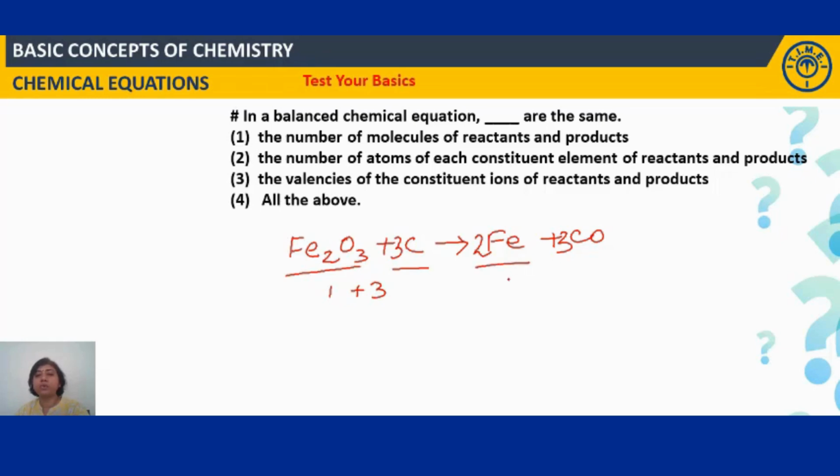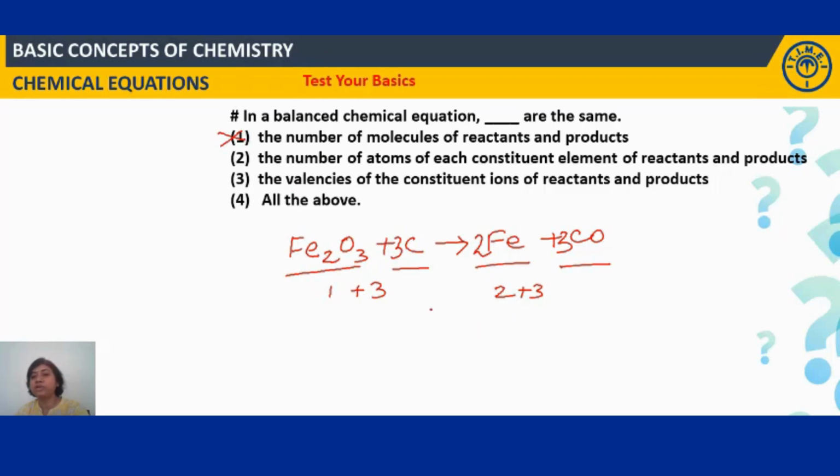And on the right hand side, 2 Fe, 2 iron, you can say molecule or atom, because it's a monoatomic molecule, meaning in one molecule there is only one atom. Now there are 3 molecules of carbon dioxide, so total is 2 plus 3. Are they the same? No. So the first option is obviously not correct.